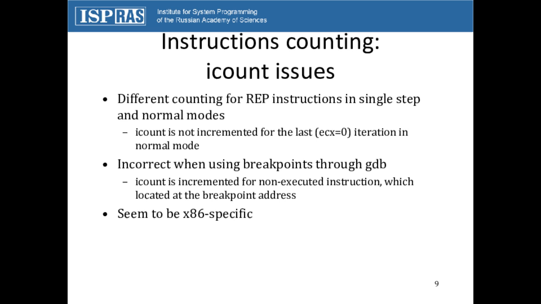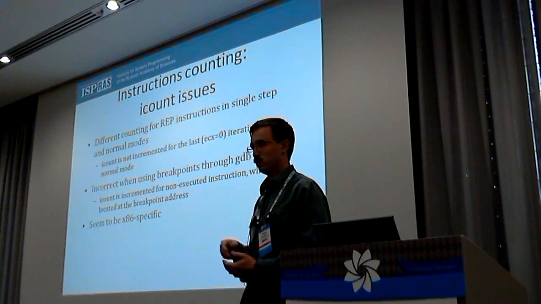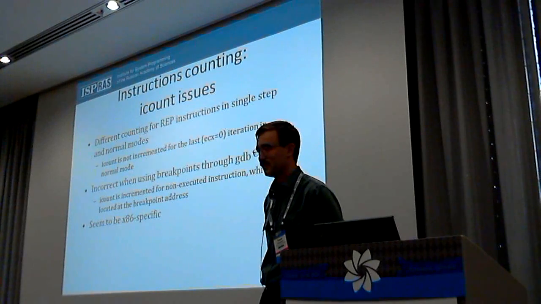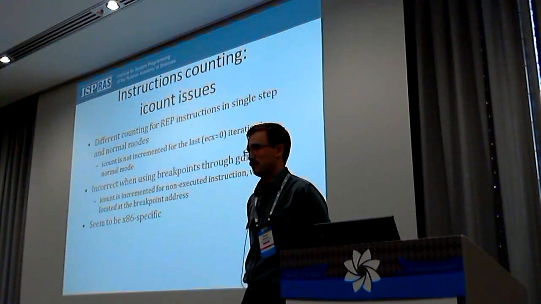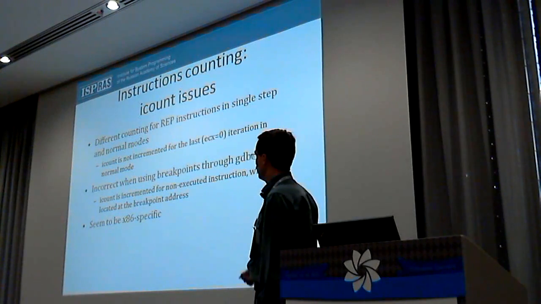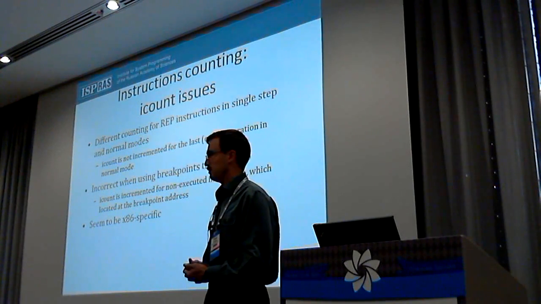Why didn't we use the currently existing counter in QEMU? Because it was a long time ago, and we found that it has several issues. Two of them are the following.